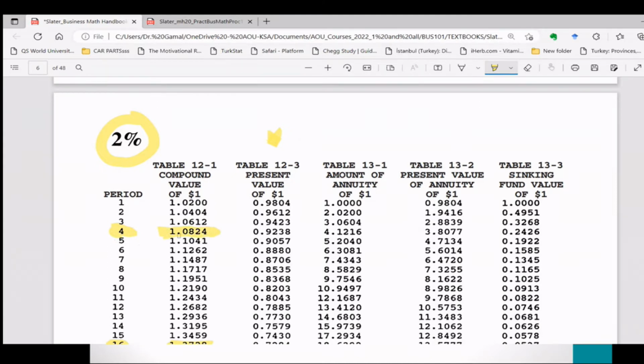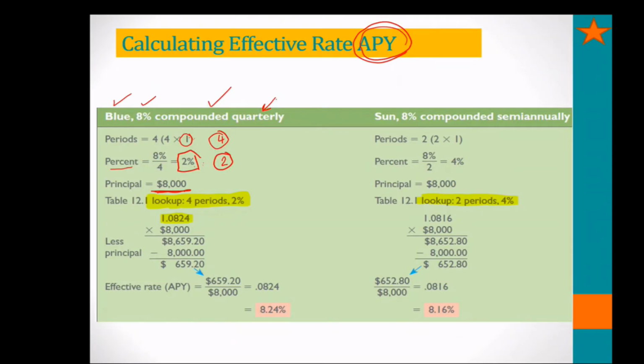So I multiply 1.0824 times the amount, 8,000, and get 8,659.20.